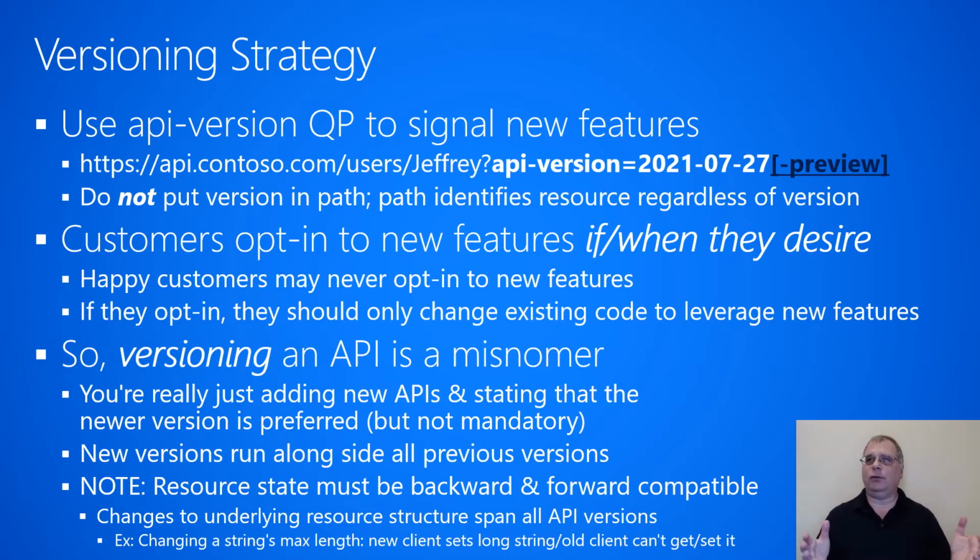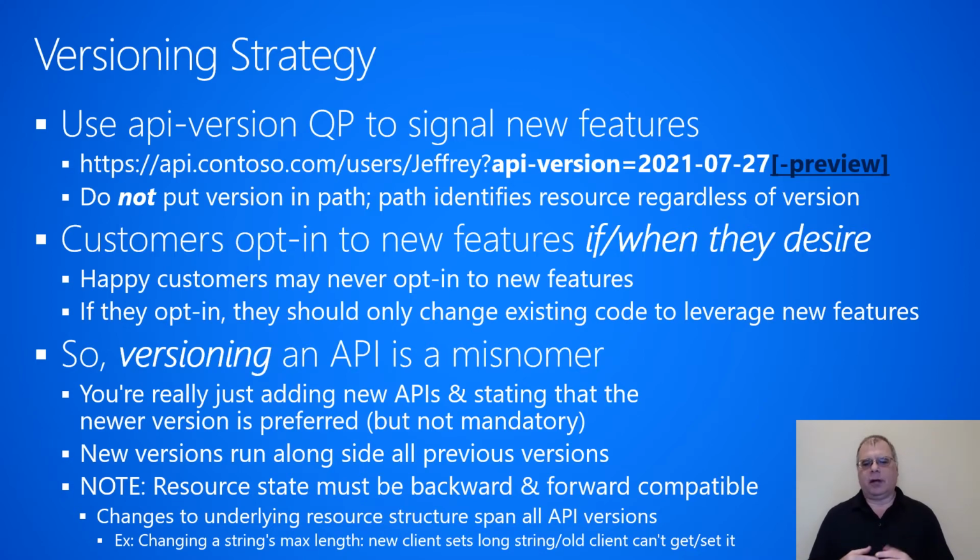Some services do this and we can't break them now, but they've done it in the past. This is not ideal because the path's purpose is to identify a resource in the service regardless of version. It's not like you have version 1 of a resource, version 2 of a resource. You have a resource and you can access it using version 1 behavior, or you can access it using version 2 behavior. That's the way to think about this.